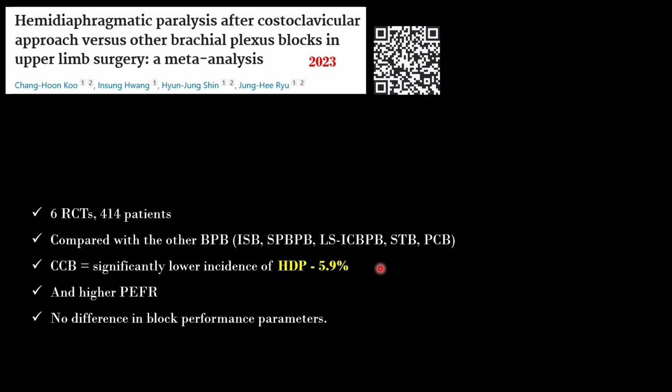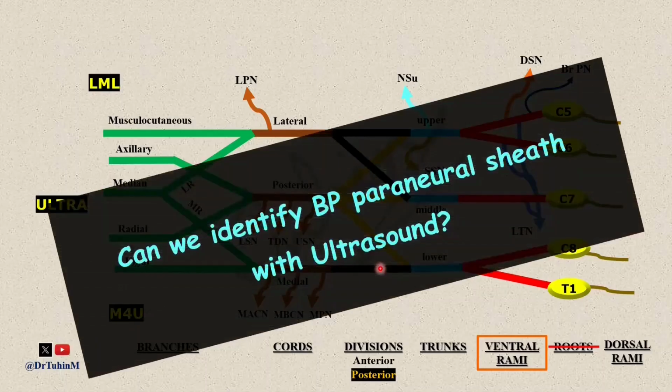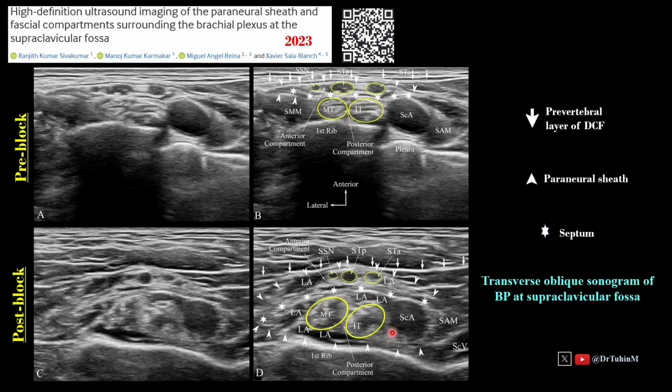Now, let's find out whether we can identify the sheath with ultrasound and how it can affect our block technique. The paraneural sheath is visualized as a hyperechoic layer of connective tissue on the sonogram, which is distinct from the epimysium of the surrounding muscle, the prevertebral layer of the deep cervical fascia, and the epineurium of the neural elements of the brachial plexus.